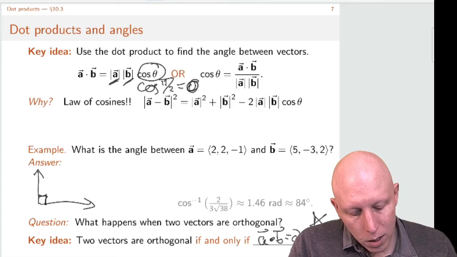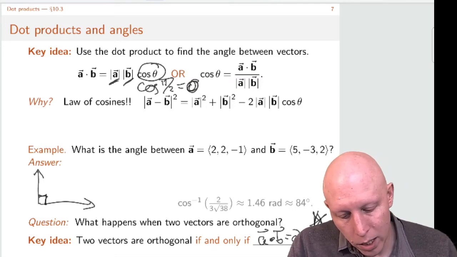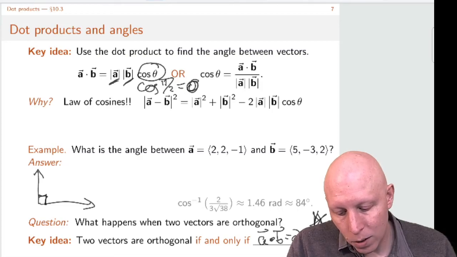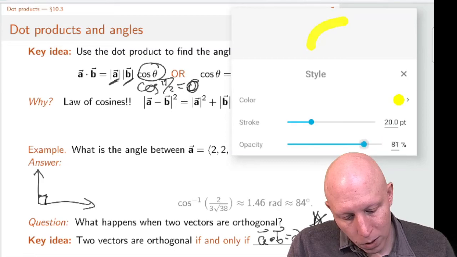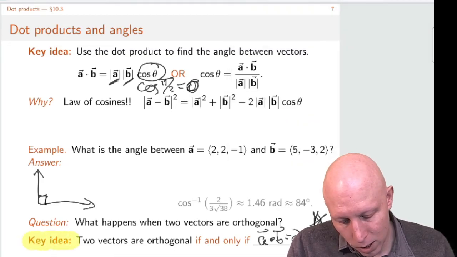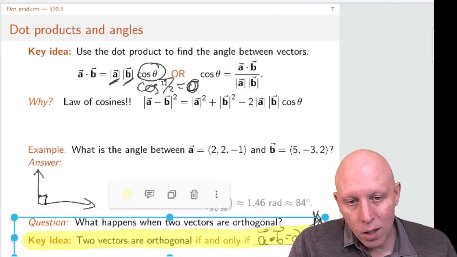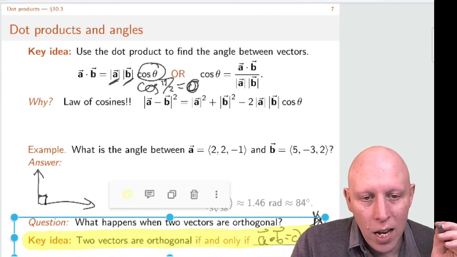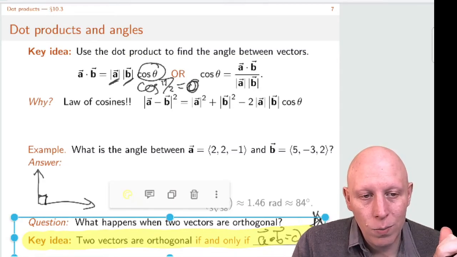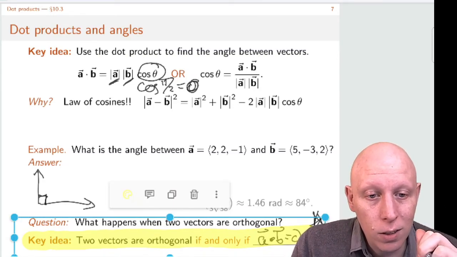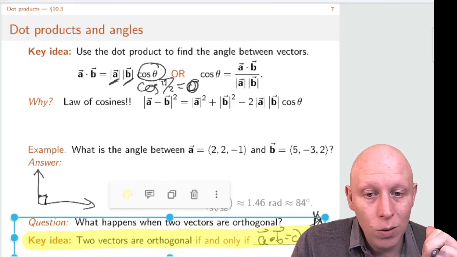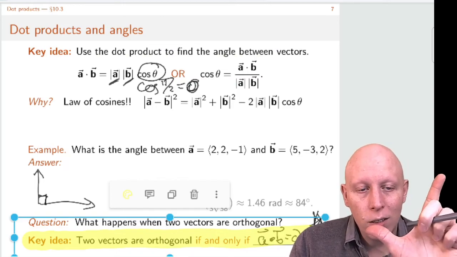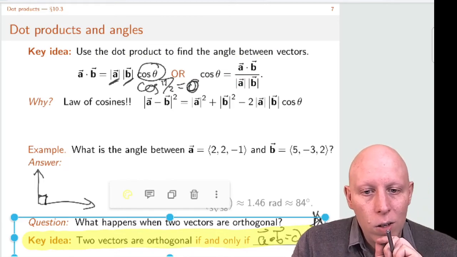This is probably the biggest takeaway from this lesson: two vectors are orthogonal if and only if a dot b is equal to 0. So if you take the dot product of two vectors and you get 0, that's telling you that your two vectors are orthogonal to each other.